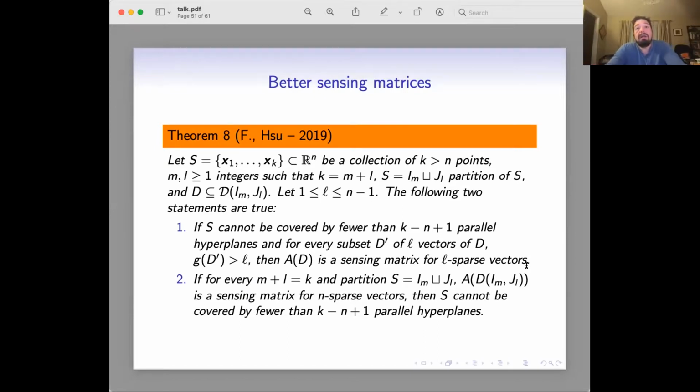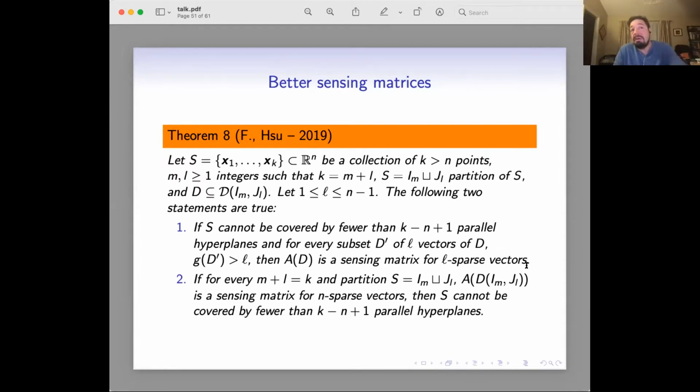So in other words, what we're trying to say in this theorem is that there is a certain bijective correspondence in some sense between Sensen matrices, which are built from these difference vectors, and sets that cannot be covered by fewer than the sufficient number of parallel hyperplanes, K minus n plus 1.